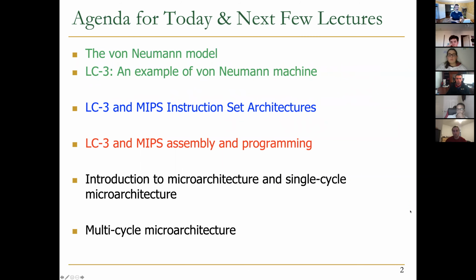Okay. So the agenda for today is to discuss basically the foundation of the von Neumann model, and we have some examples based on LC-3, which is a particular instantiation of a von Neumann machine. Also, we'll discuss MIPS as well.